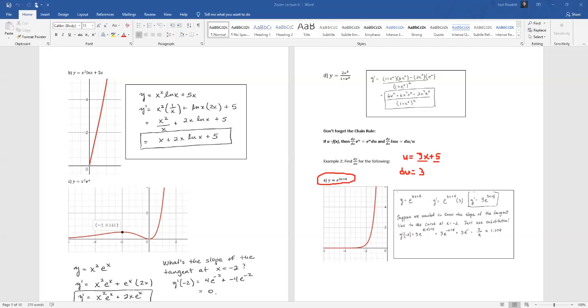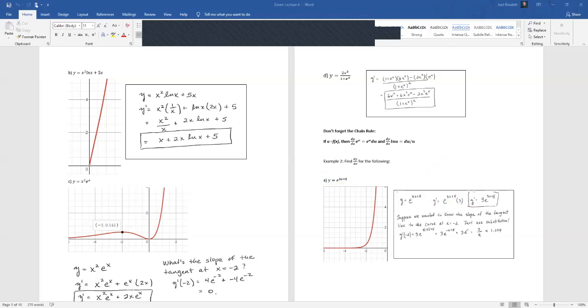So du is just 3. So what does that mean? If y is equal to e to the u, then y prime is e to the u times the derivative of u. And to simplify, we usually just move the constant term to the front. So that gives me 3 times e to the power of 3x plus 5.